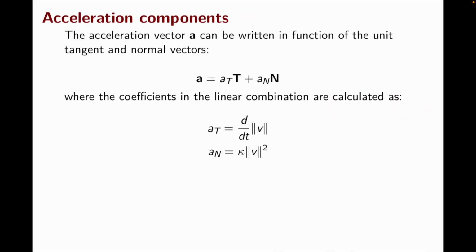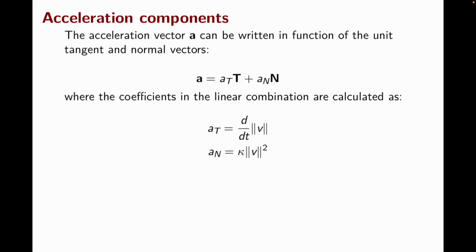As we have said before, the acceleration is not necessarily in the same direction as the normal vector. In fact, the acceleration can be written as a linear combination of the tangent and normal vectors. And the way to calculate the coefficients in this combination is given by these formulas.